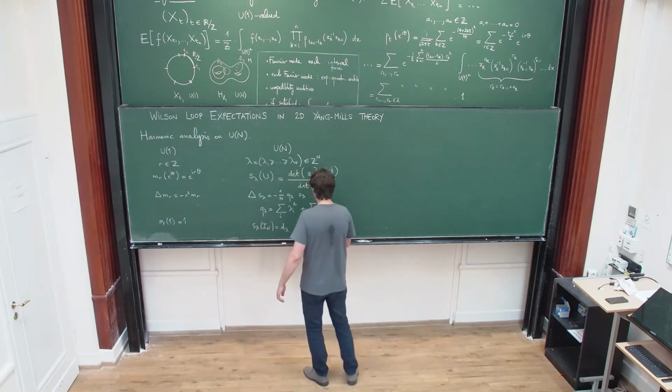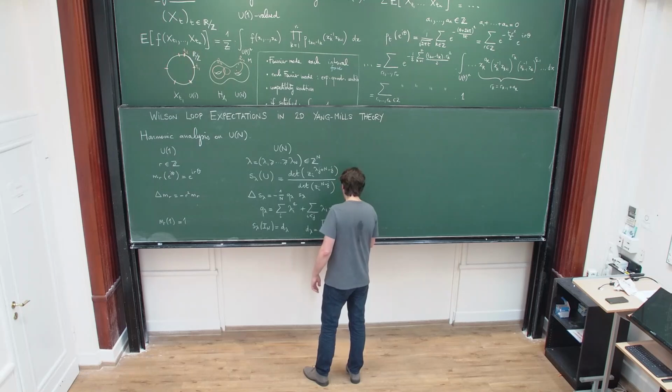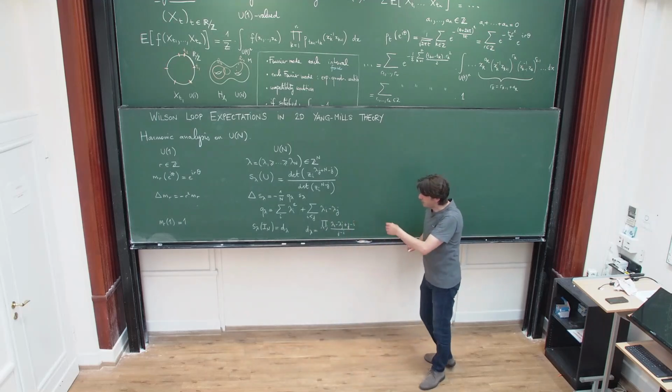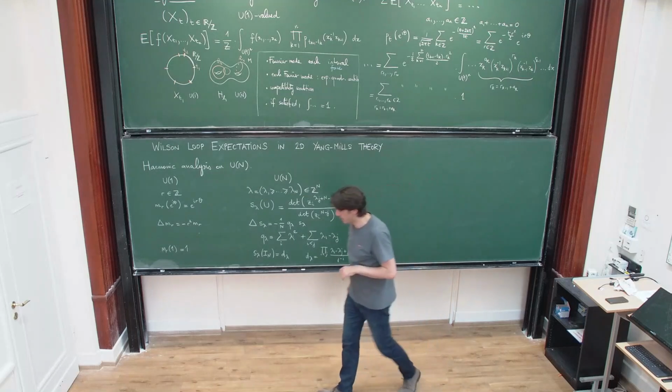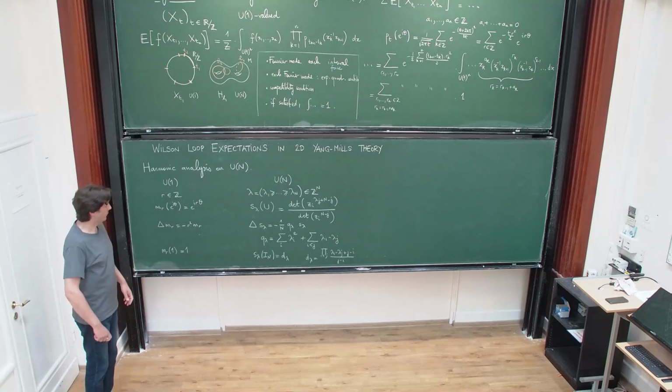And d lambda is the product for i less than j of lambda i minus lambda j plus j minus i over j minus i. All these formulae are essentially due to Hermann Weyl at the beginning of the 20th century, and they are very classical.